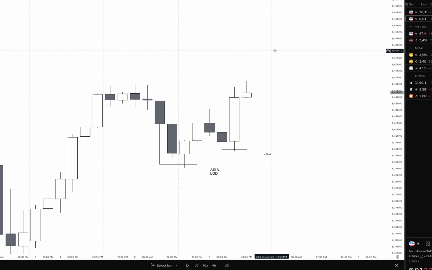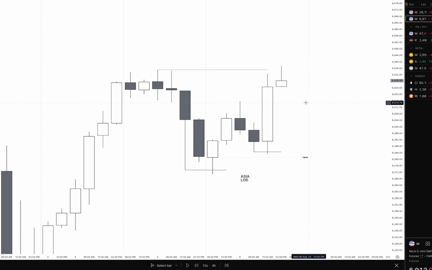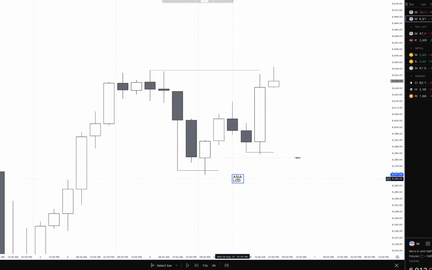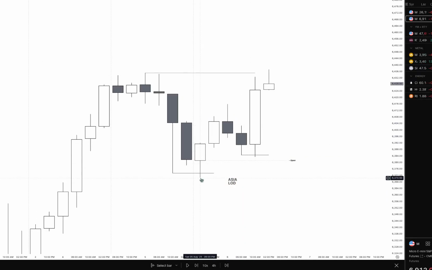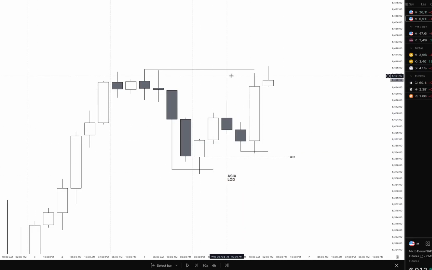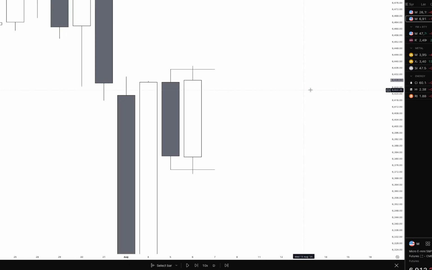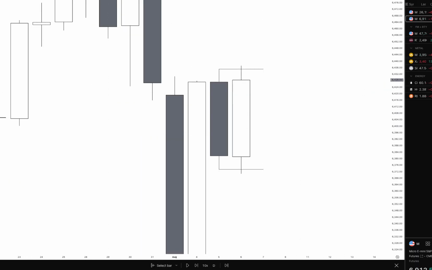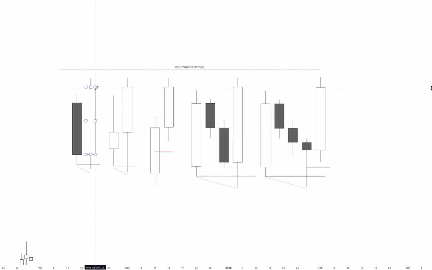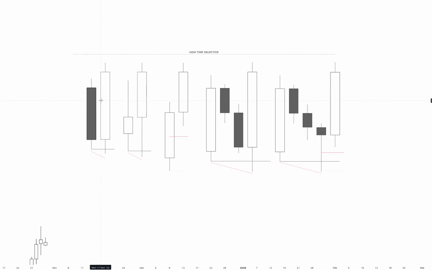On this specific day, I didn't take any trade, but it was just Asia session, low day, right here. Let me see. This is this daily candle, these two daily candles right here.